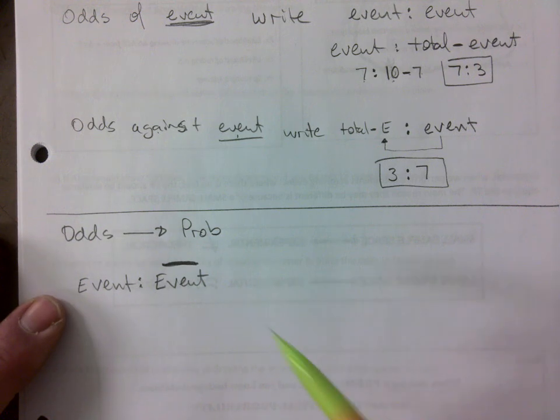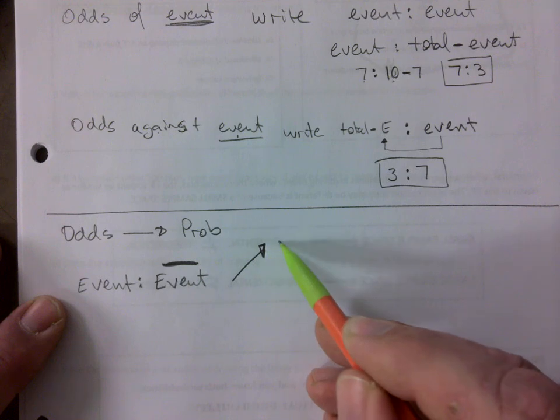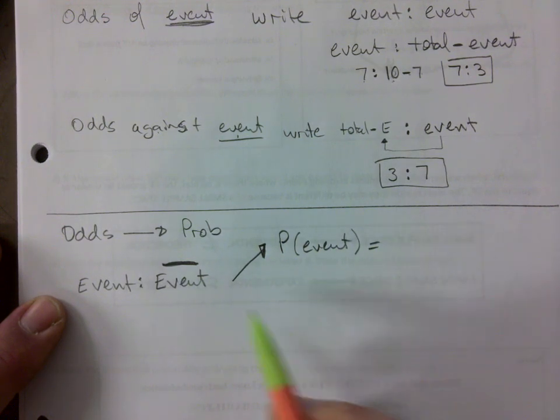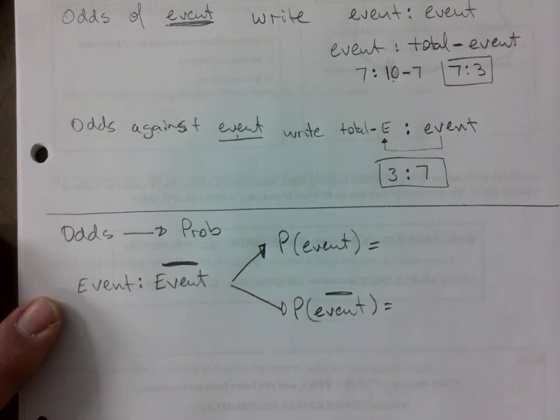From that, you can get two probabilities. Probability in favor of event, and you can get probability against, or that it's not going to happen.